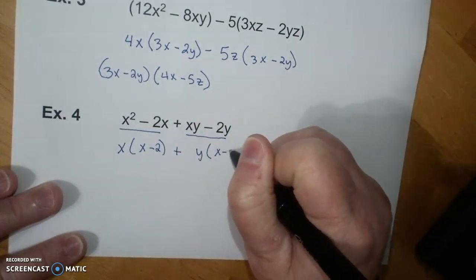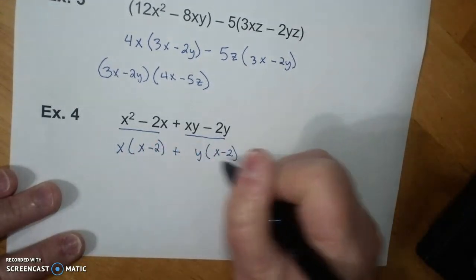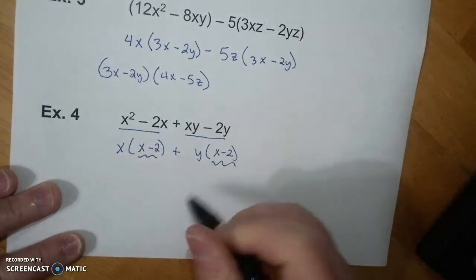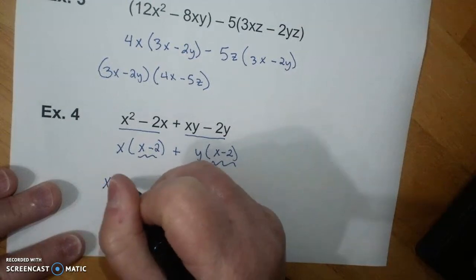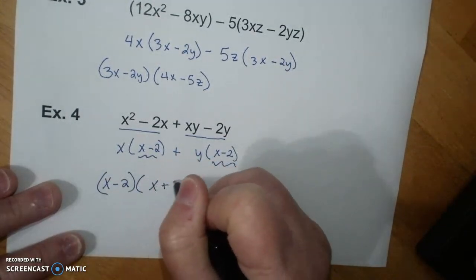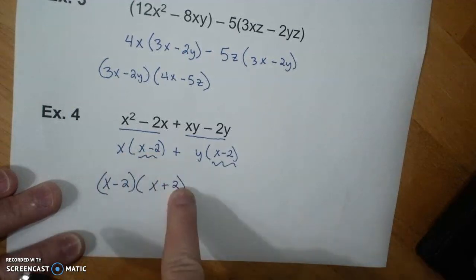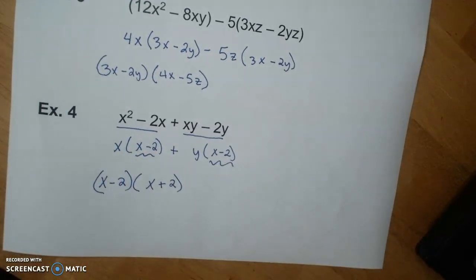And I have x minus 2, which is nice because now this is common. So I'm going to undistribute it or factor it out as a clump, x plus 2. So this would come to here, and then this would come to here. That is page 1 of 12-6, factoring by grouping.